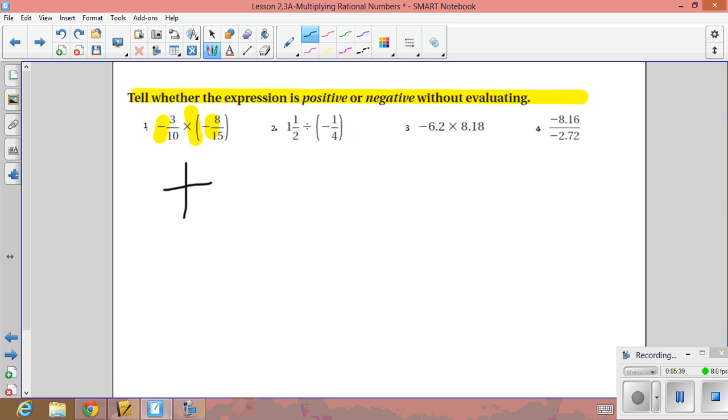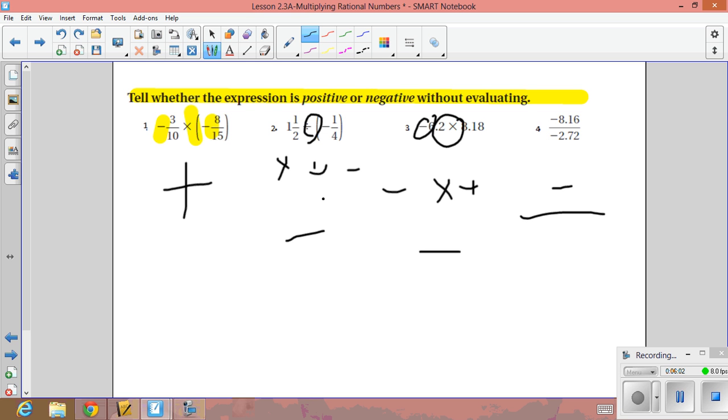For number 2, my operation is division. I have 1 positive divided by 1 negative, so my answer is negative something. For number 3, I have 1 negative times 1 positive, so a negative times a positive. My solution will be negative. For the last one, I have a negative divided by a negative, so my solution is positive since the signs are the same.